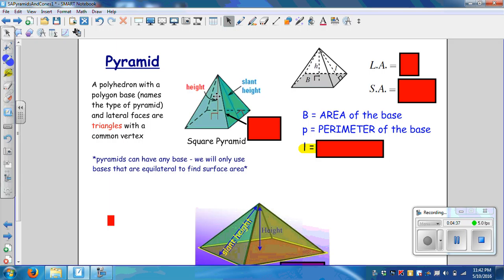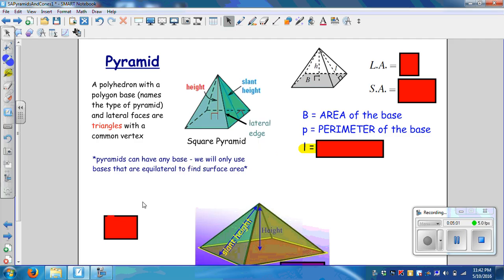The lateral faces are always triangles that have a common vertex up at the very top. You'll notice you have a height, which is from the vertex down to the base in the center of the base. You also have a slant height, which is going to be the height of one of these sides or one of these faces.